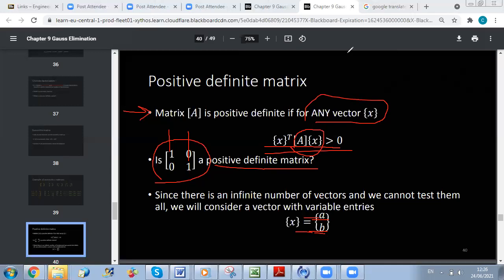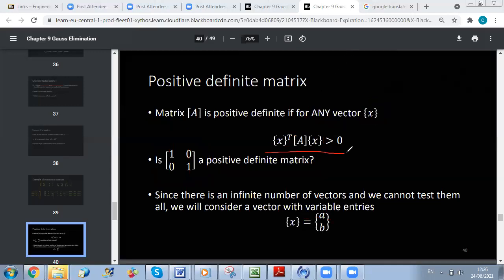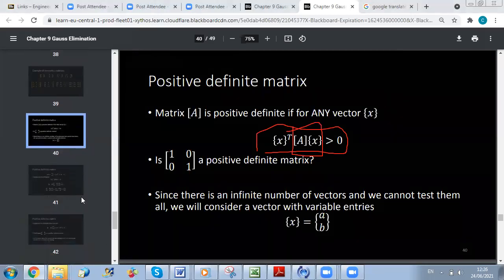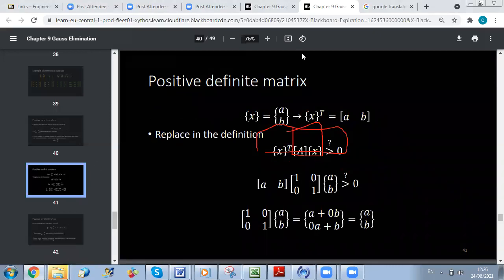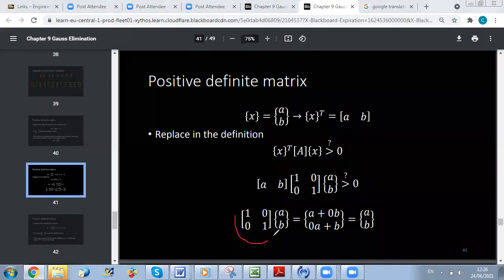Now let us verify this equation. We start by calculating A times x in detail, replacing the matrix A by its value, 1, 0, 0, 1, and vector x by a, b.